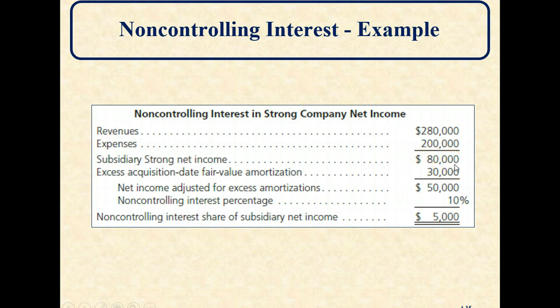Now let's assume we've got some amortization we need to take care of because we purchased it and had to allocate the fair values. So our excess amortization of $30 nets us with a net income of $50,000. Because we own 90%, the non-controlling interest share of the net income is $5,000.